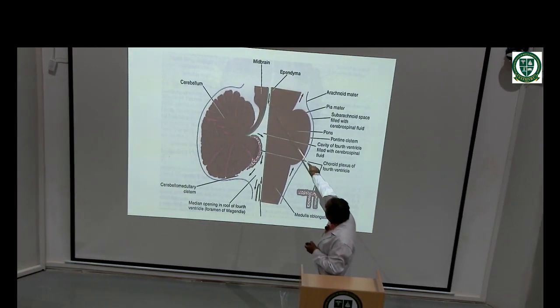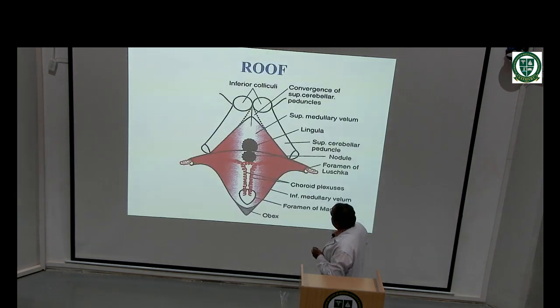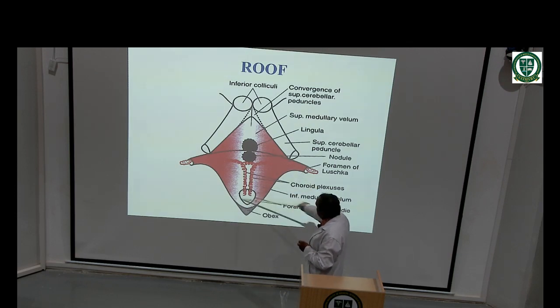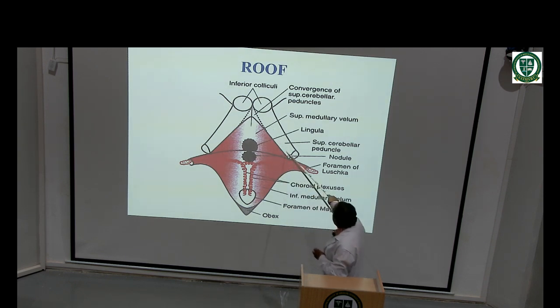This is the upper part, the superior medullary velum, and this is the inferior medullary velum. The superior medullary velum is stretched between the superior peduncles, and the inferior medullary velum lies between the inferolateral boundaries.